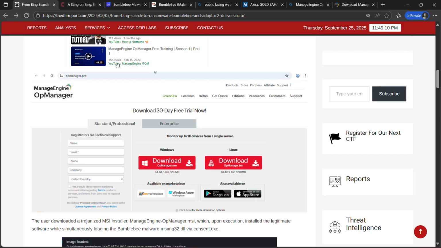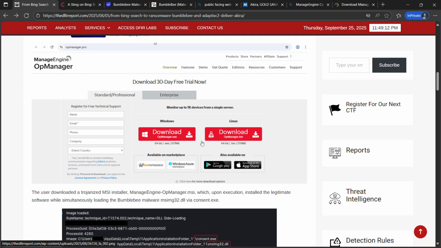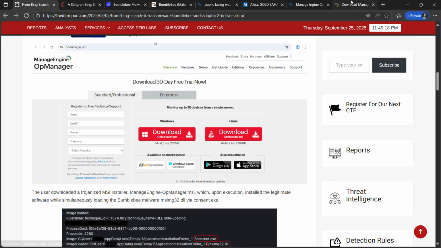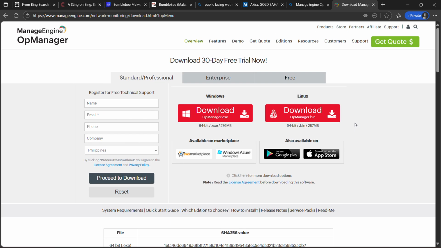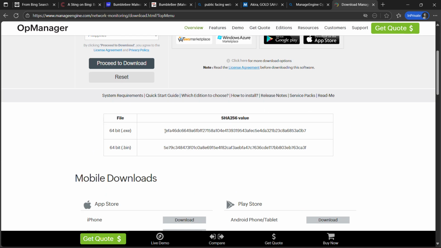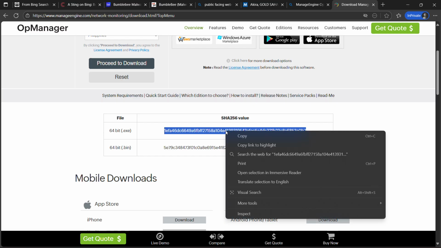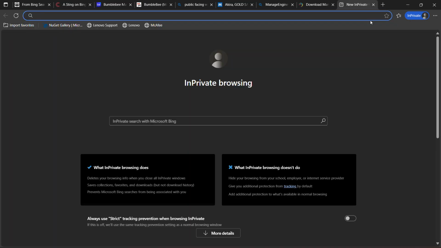This one, I don't think it did include a hash, because if they did, it would get checked, right? You can just check it right here. Okay, this one, let's put VirusTotal to work.